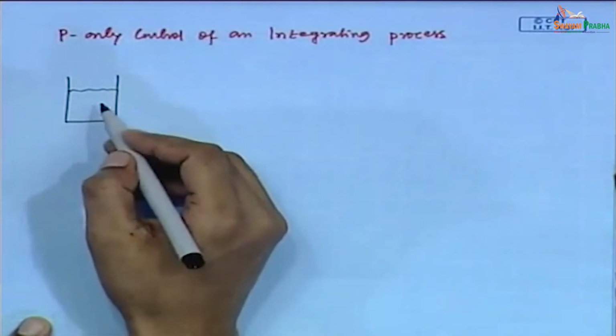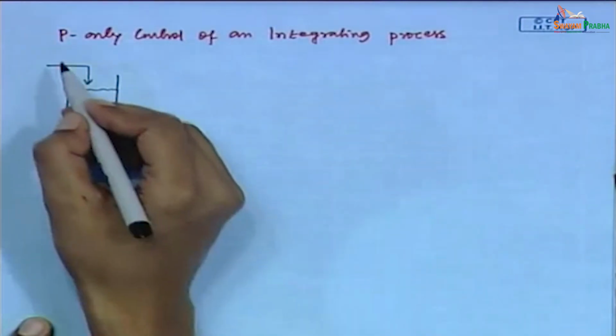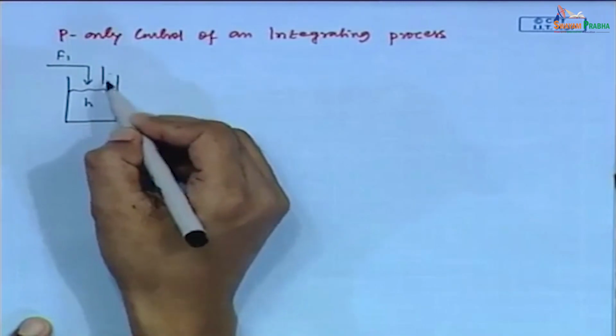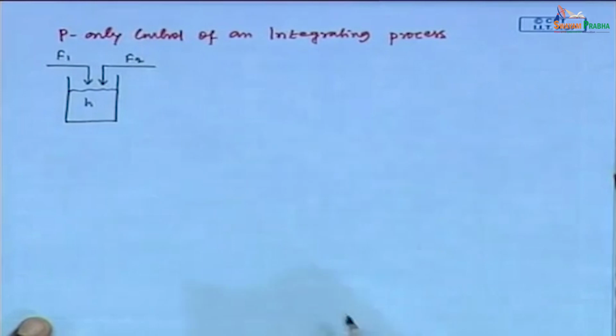This is a liquid tank. Two input streams are involved in this example. One is F1, another one is F2.